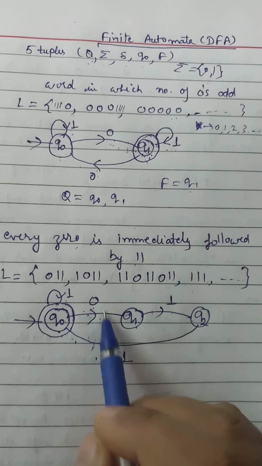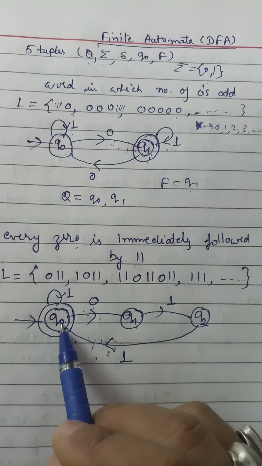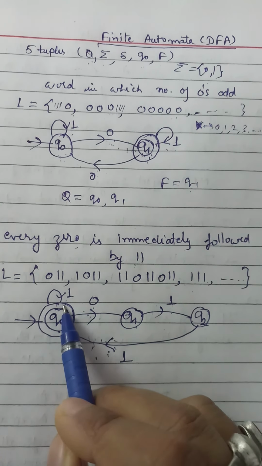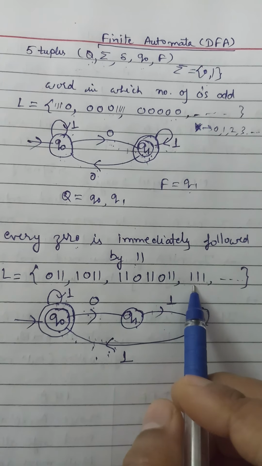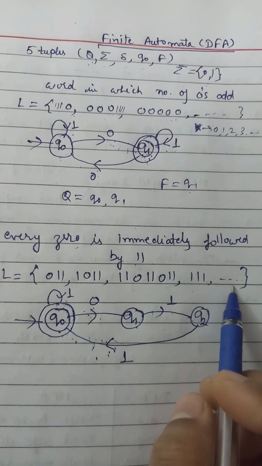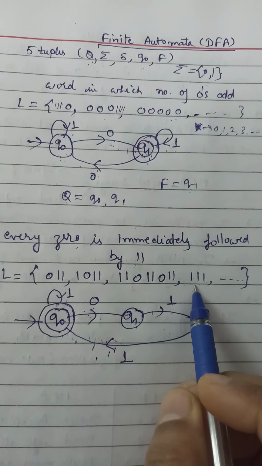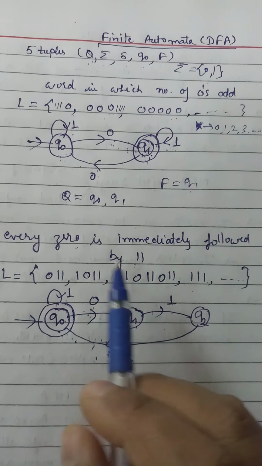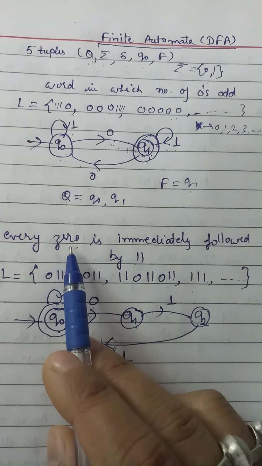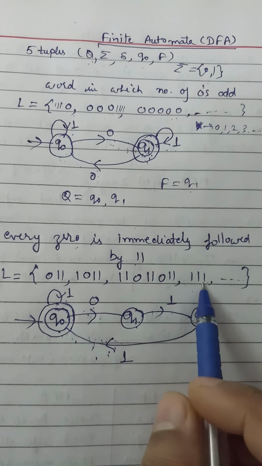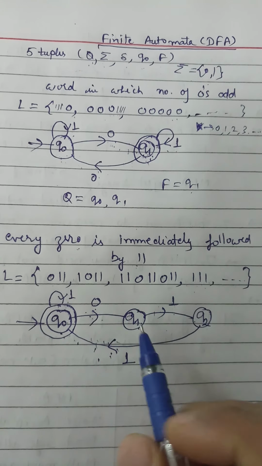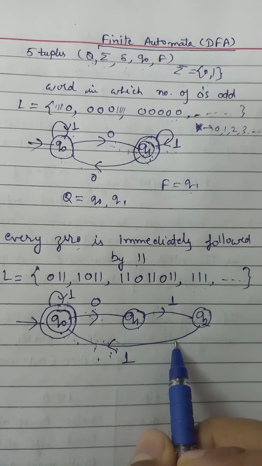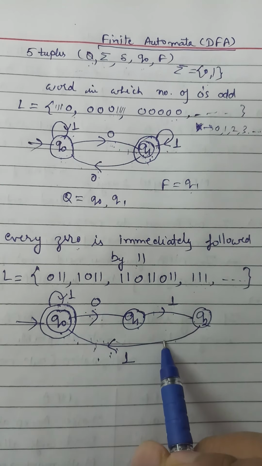Or if it doesn't run, it starts at Q0 and ends at Q0, and we get either single 1, double 1, or triple 1. It can be any number of 1s. So this is also in the language, because we need to control only what comes after 0. But where there is no 0, it can be any number of 1s. So this is the DFA for that language.